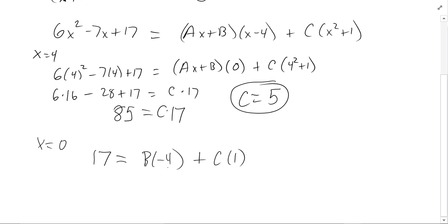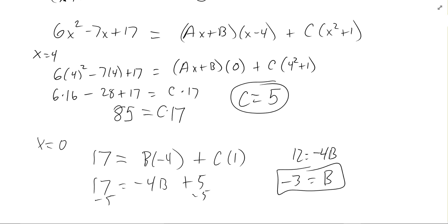But I already know c is equal to 5. So I'll have 17 is equal to negative 4b plus 5. And if you subtract 5 from both sides of that equation, I'll get 12 is equal to negative 4b, and b is equal to negative 3.